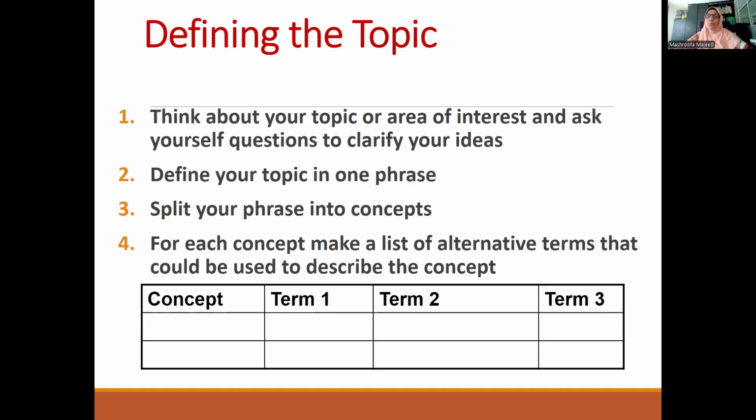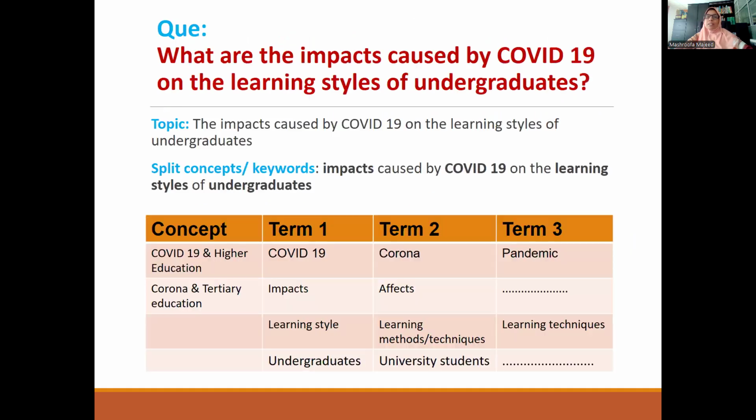So when we do this, you can draw a table like this. First write your topic, then identify the terms, and then identify the synonyms and make a grid like this.